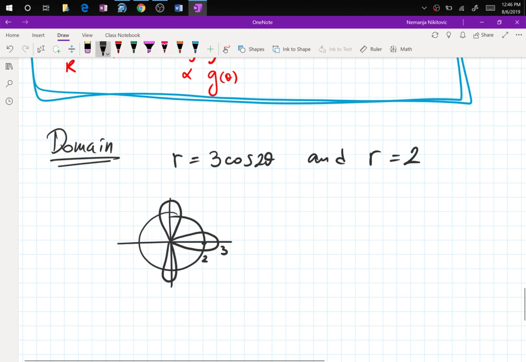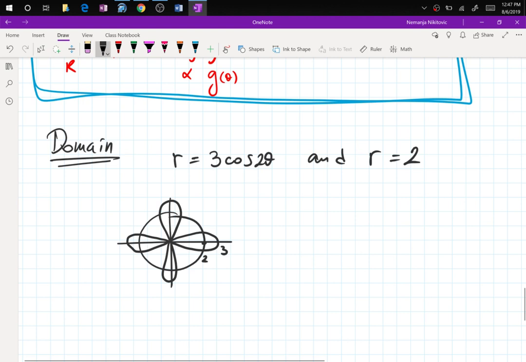Even numbers would double the amount of petals. Odd numbers have the same amount of petals. So cosine of 5 theta has 5 petals. Cosine of 4 theta has 8 petals. So even numbers double, odd numbers stay the same.